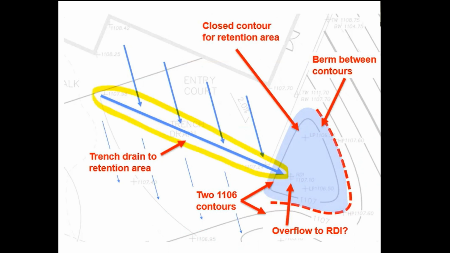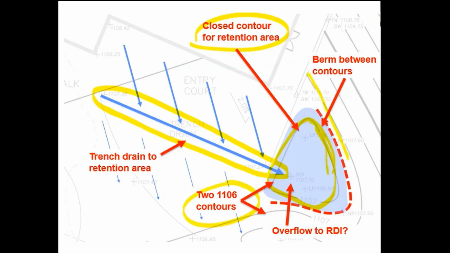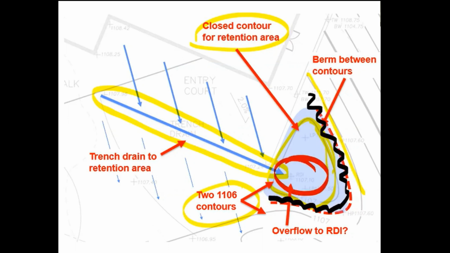Once you have that, of course, you're going to have your closed contour that shows where the water is going to be held. You're going to have the two contours, in this case, the 1106 and 1106. You're going to create the berm in between. And of course, you can also include a raised drop inlet inside this system so that the water does not flow over the berm.